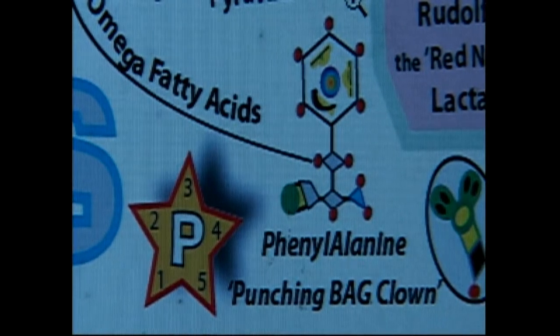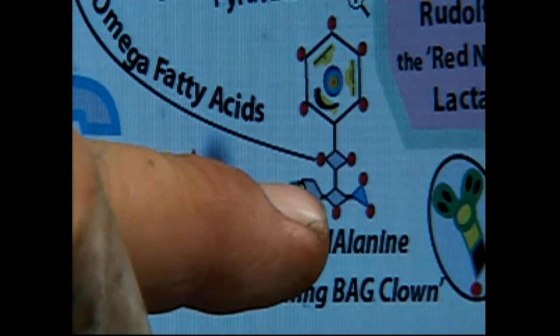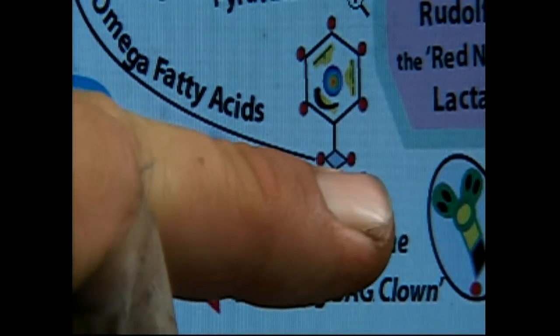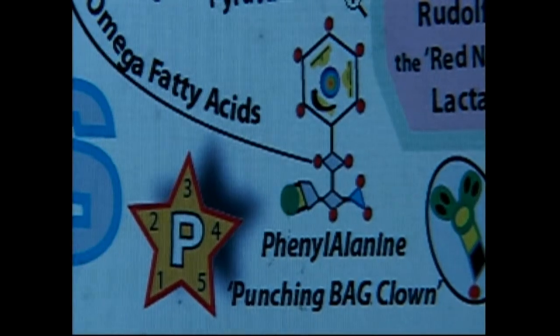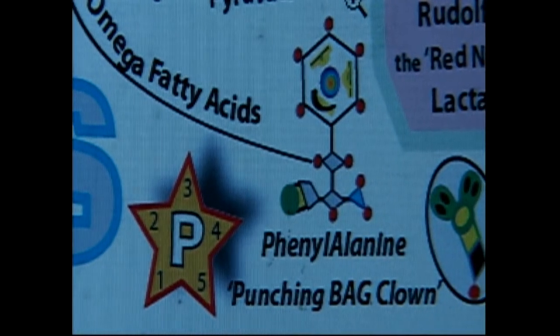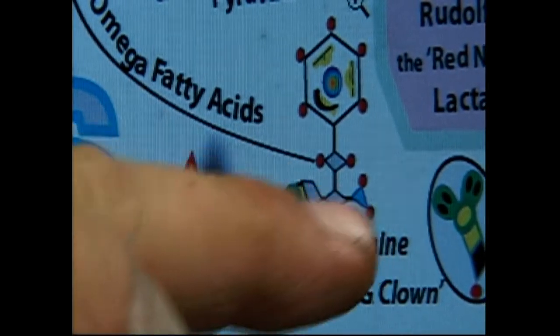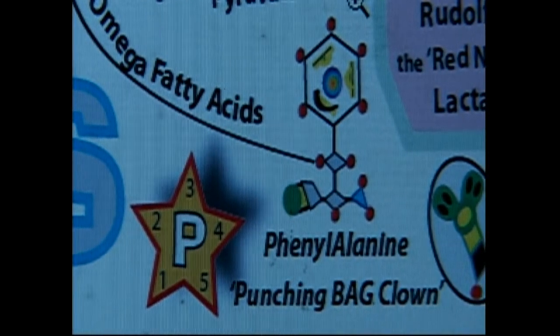So phenylalanine, here's the nitrogen, carbon, oxygen, that's the amino acid backbone. There's the carbon with just a benzene ring on the end of it. That's amino acid phenylalanine. So we call it the phenylalanine punching bag. Doesn't it look like the clown, one of those balloon things that hangs up, that the old clown used to punch and fall to the ground and come back up?